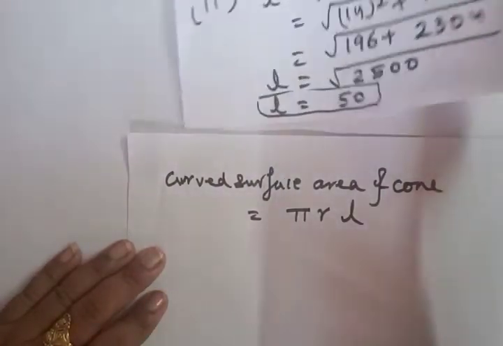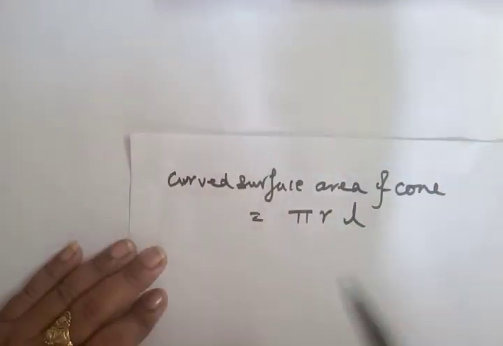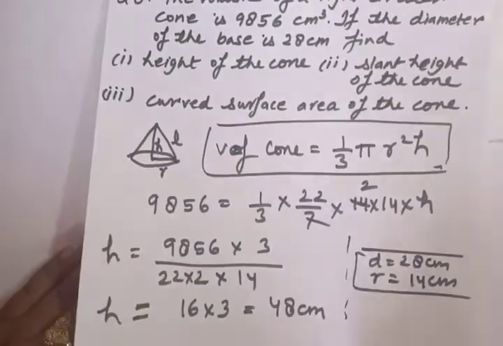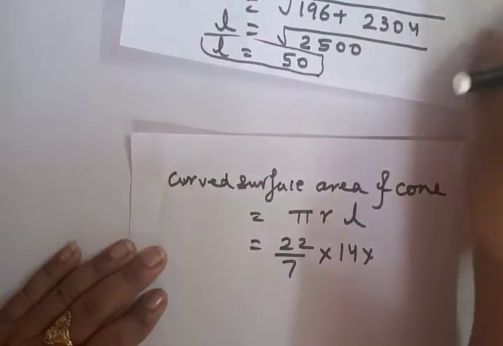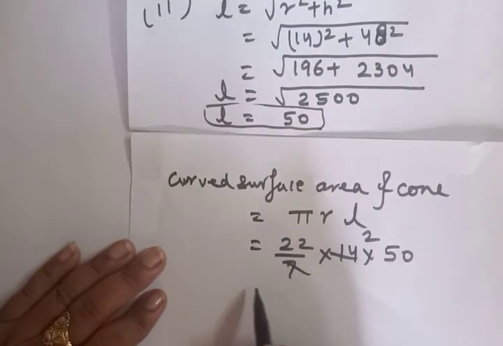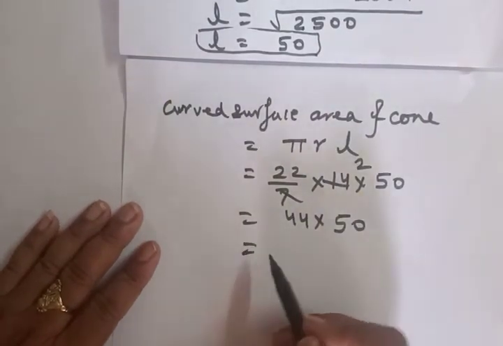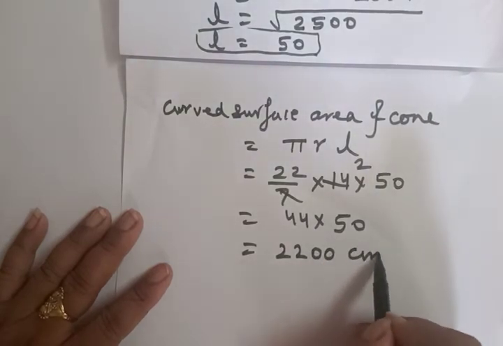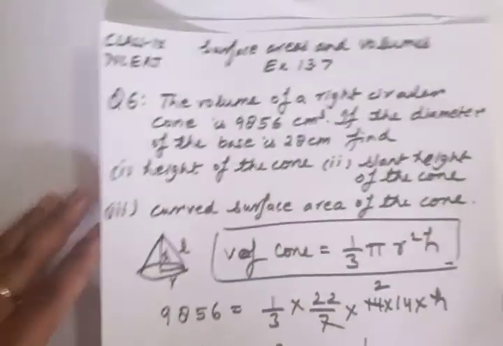L we have already found, h we have already found, r we already know. So we simply put in the values: 22/7, r is 14, and L is 50. 7 2s are 14, so that is equal to 44 into 50, which is 2200 centimeter square. Clear?